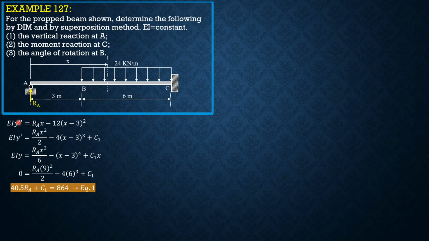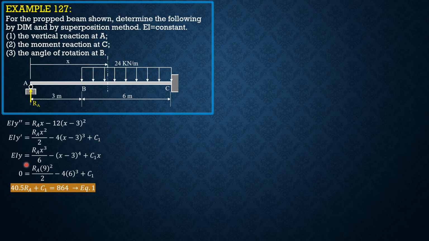So again, EI y double prime equals RA times x at this section here, then minus 24 times quantity x minus 3 times x minus 3 over 2, so that's why minus 12 times x minus 3 square. Integrating once, RA x square over 2 minus 4 times quantity x minus 3 cube plus C sub 1.